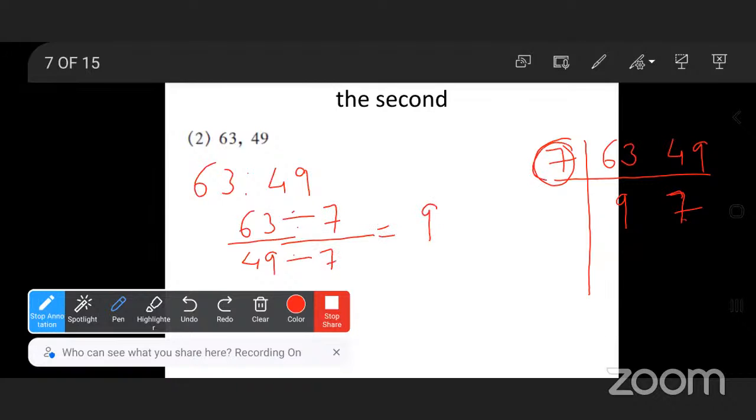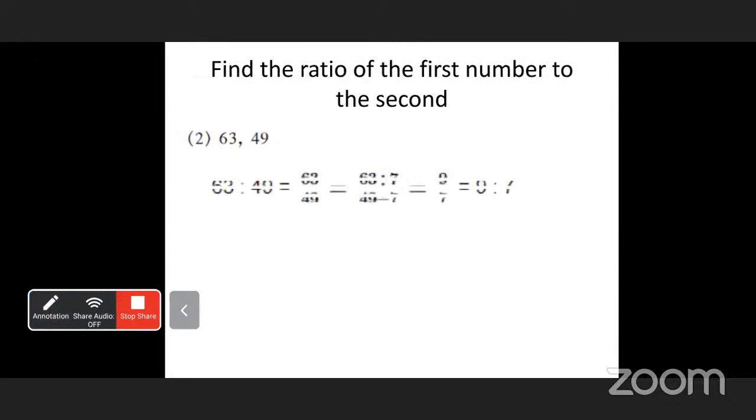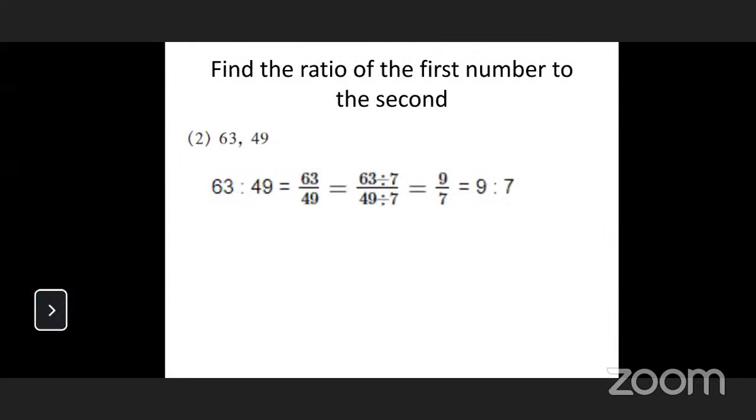So 7 nines are 63, 7 sevens are 49, right? Divide 49 by 7. So this is how you're going to get the answer. Now on the basis of this, we are going to find the ratio of different quantities.